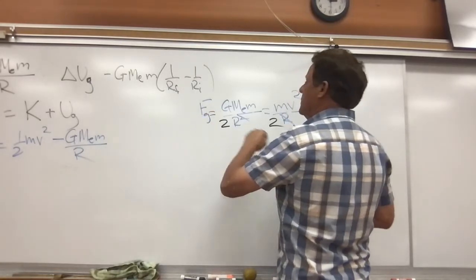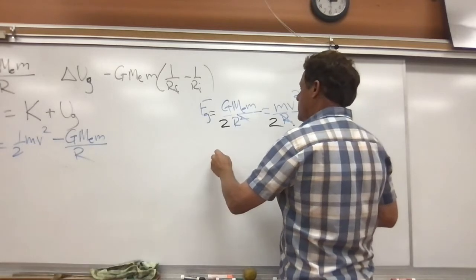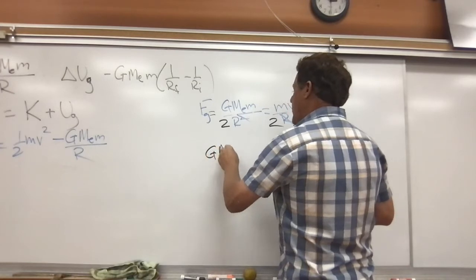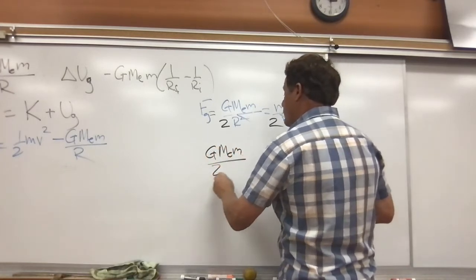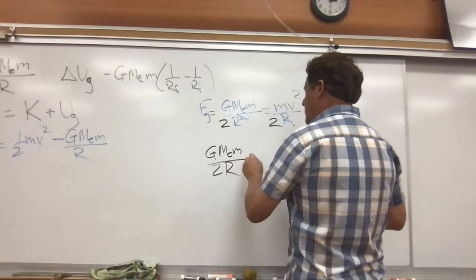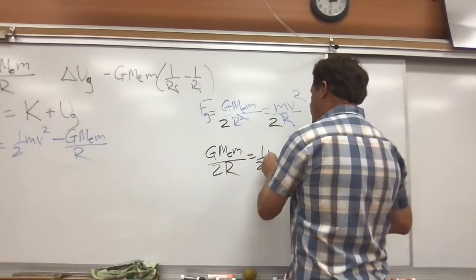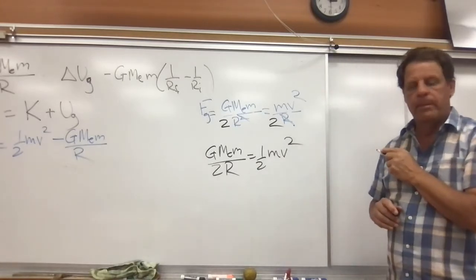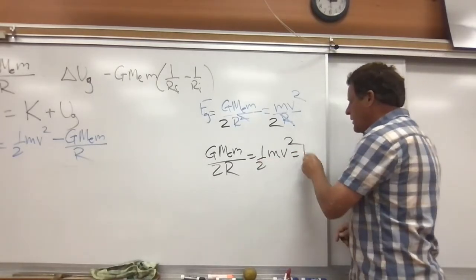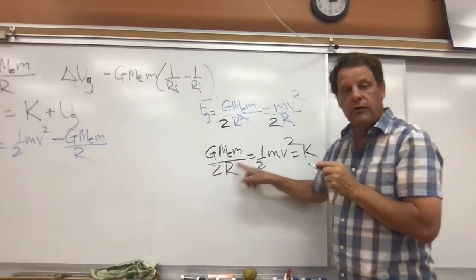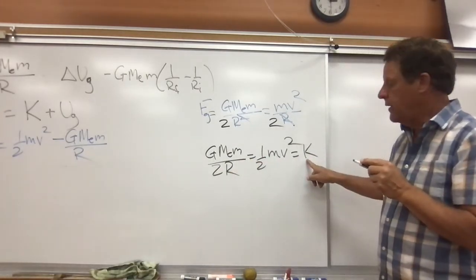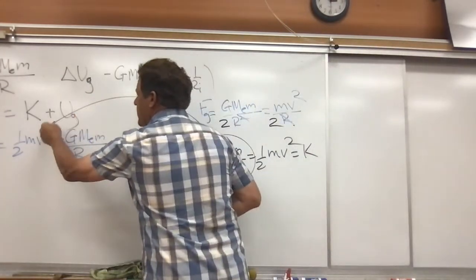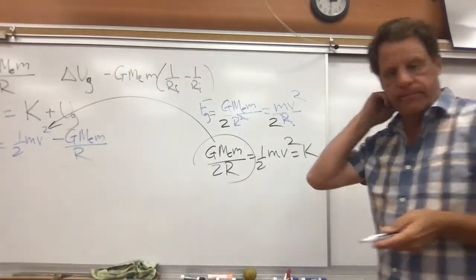Okay, so I'm going to get G MEM over 2R is equal to 1/2 mv squared. So we can say this right here is equal to kinetic energy. And so what we're going to do here is substitute in there for kinetic energy.